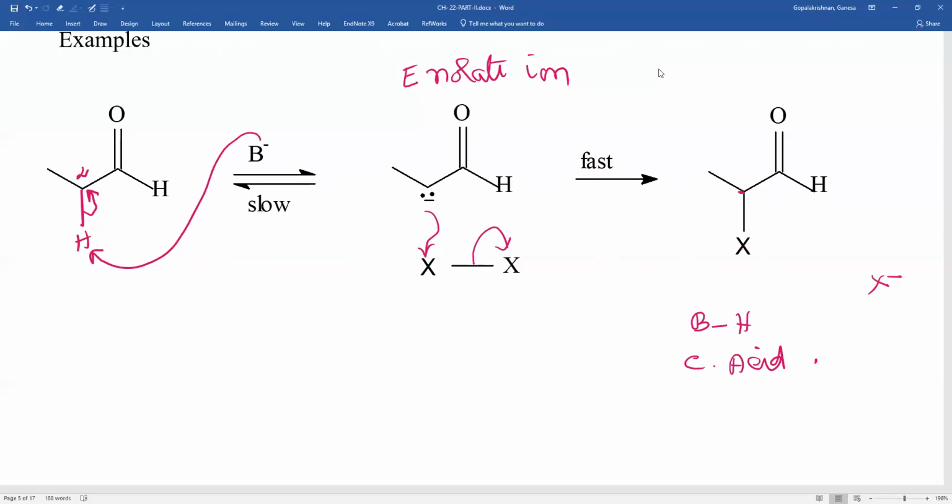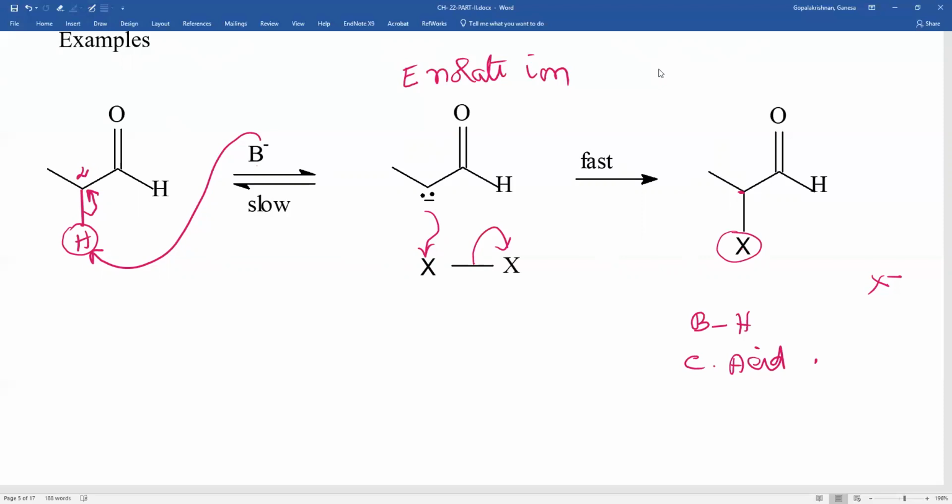It promotes the reaction to go faster, but it is not a catalyst. So that means you cannot use a catalytic amount of the base. You have to use one equivalent of the base. So in this reaction also, an alpha hydrogen is replaced by the halogen.